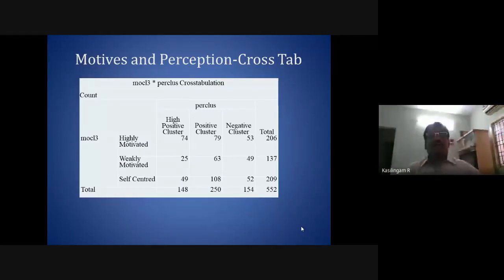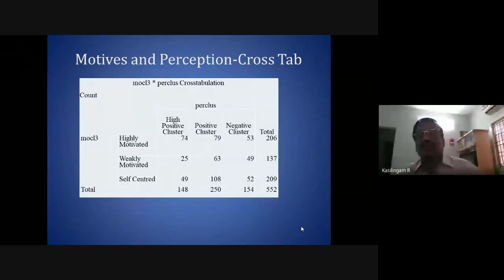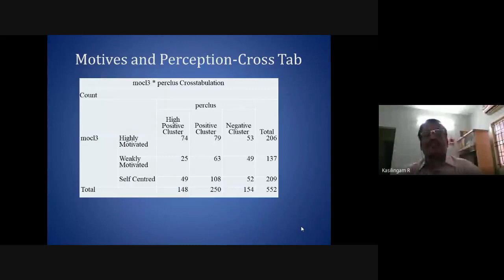Here three columns. Okay, I have something more to tell. So this is the example I have taken, which means perception. I have three perceptions: high positive, positive, negative.